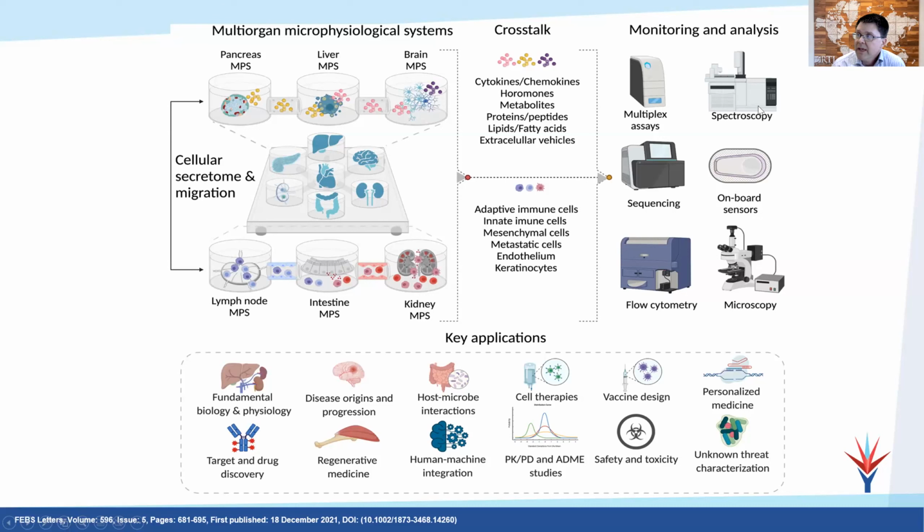And we have spectroscopy, multiplex assays, sequencing, flow cytometry, and microscopy, all for analysis of the results. So you can take one small aspect and you can see this growing pretty soon into an artificial rodent or an artificial human.